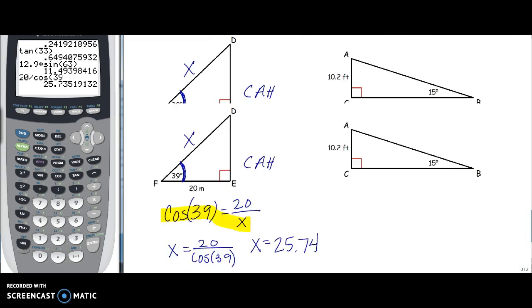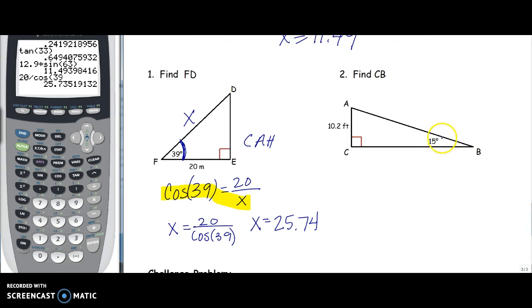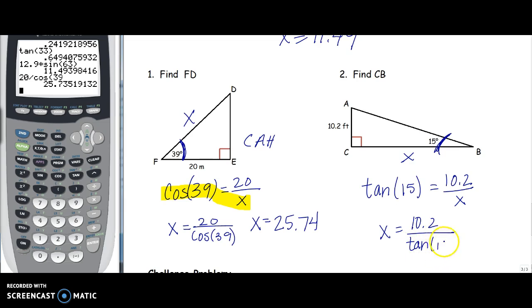Okay, so for this one, here's our reference angle. We're looking for CB right here. So here we have opposite and adjacent, so we're going to use tangent of 15 is equal to 10.2 over x. Again, since x is in the denominator, we are allowed to switch the trig function and x, so we would have x equals 10.2 over tangent of 15.